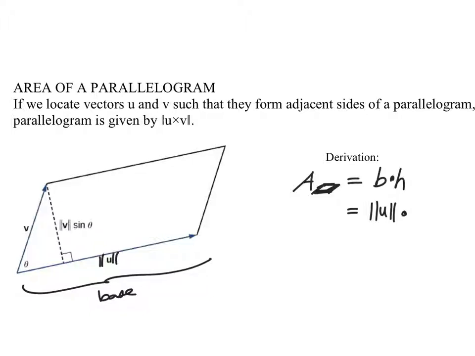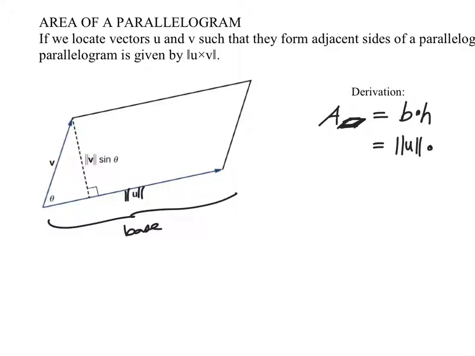The height, I labeled it up here, but I do want to take a second and talk about where this is coming from. So I have an angle here, and this unknown side that I'll call h for height, right? Because I'm looking for base times height. All right, so ignoring the v sine theta, because that seemed to come out of thin air, what I'd be looking for is the sine of theta is equal to the opposite side over the hypotenuse. Now the hypotenuse, again, is a vector, but if it's going to be a length, it has to be the magnitude of that vector.